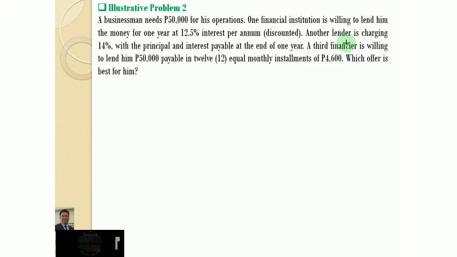Another lender is charging 14% with the principal and interest payable at the end of 1 year. A third lender is willing to lend him 50,000 pesos payable in 12 equal monthly installments of 4,600. Which offer is best for him?